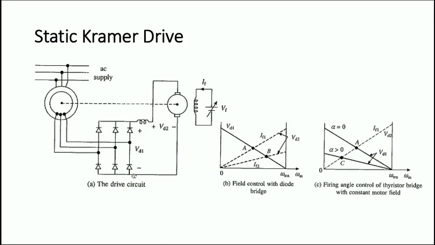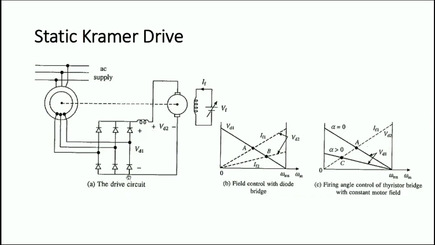Now we will discuss how it works, or the basic principle of operation of the static Kramer drive. As I said, till here it is the same as the static Scherbius drive, and the working is also the same.